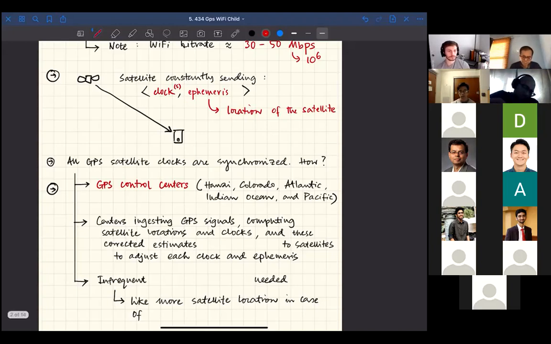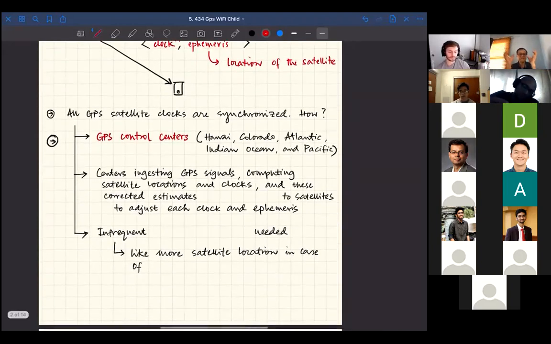And these GPS centers are recording all these GPS signals constantly, ingesting them, computing the satellite locations and clocks, and then estimating how their clocks have drifted. Once they estimate how the clocks have drifted, they upload the correct estimates.